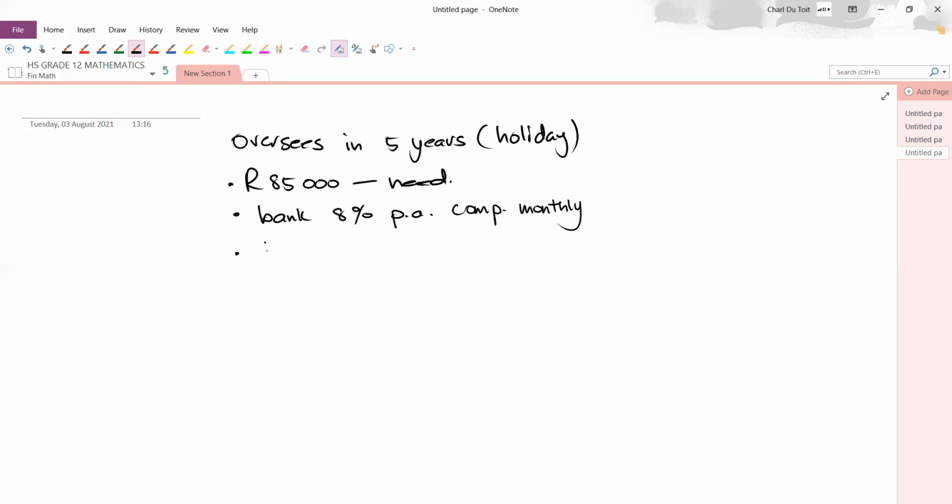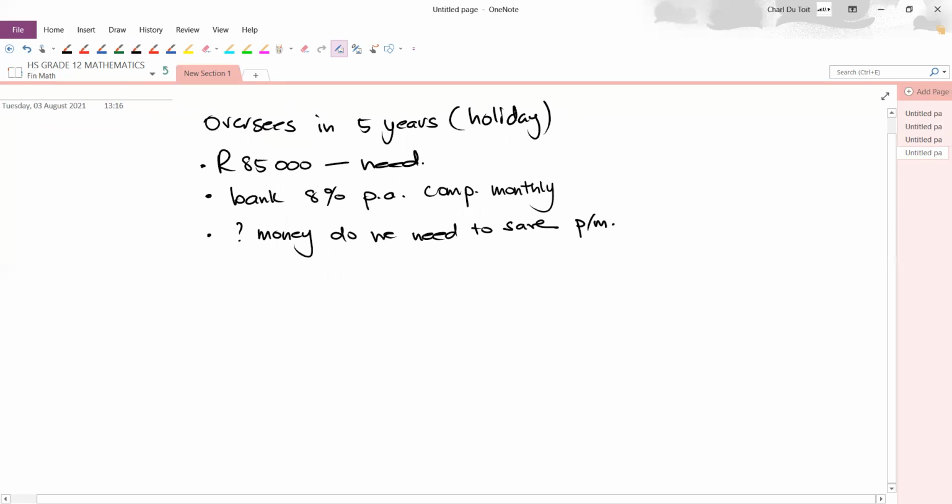I want to know how much money do we need to save per month, starting today or starting at the end of the month, really. So how much money do we have to save monthly, starting the end of this month? If they don't say anything, it's the end of the month. It's called a normal annuity. To get 85,000 Rand in 5 years.